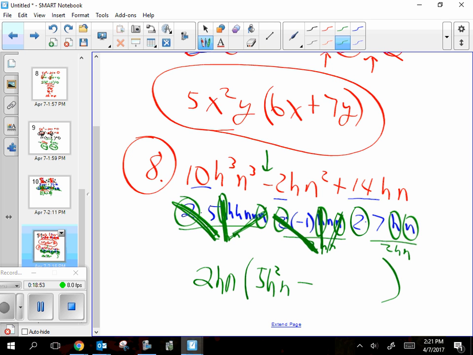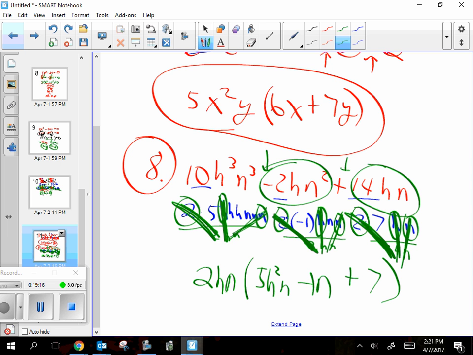What's left after I pull out those things? -1n. What about the 7? That's at the end. There's 3 parts to this. I just finished this part. Now I'm doing the end part. The 2 cancels, h cancels, n cancels, and then you're right, we got a 7. It's +7. Very good. You guys are catching on.